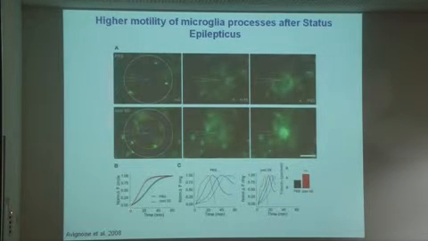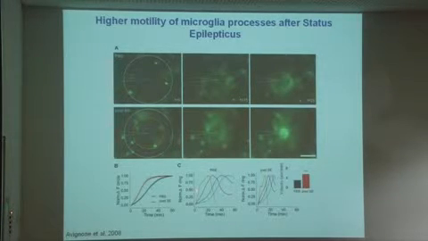So in the control, you have an increase of fluorescence in the center of the field where the pipette is releasing this analog of ATP. And you see that the increase in fluorescence in the center is going faster in the epileptic animal. So then we measured the speed at which this wave of fluorescence travels toward the center of the field. And this is done here by measuring the fluorescence at different concentric rings in the field of view.